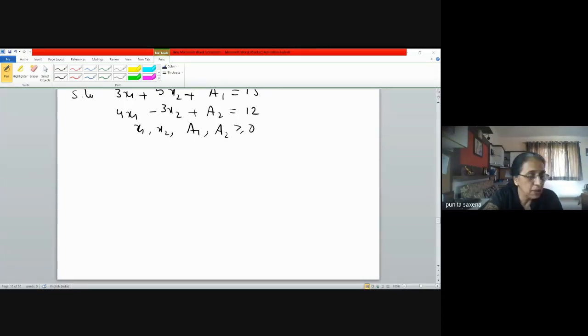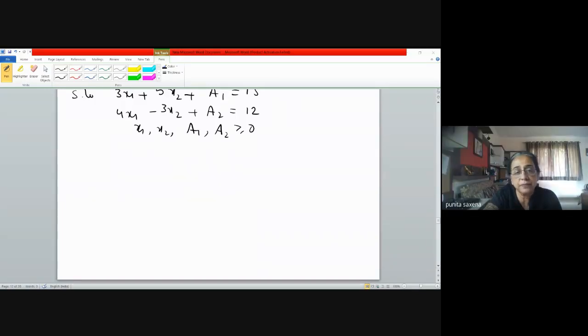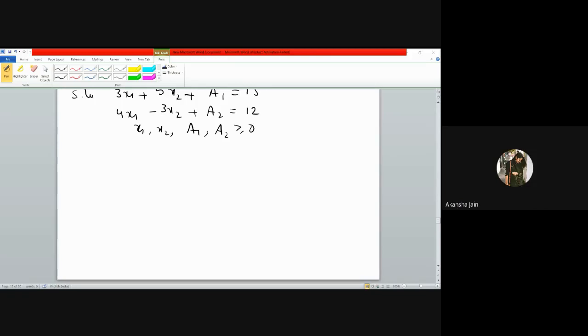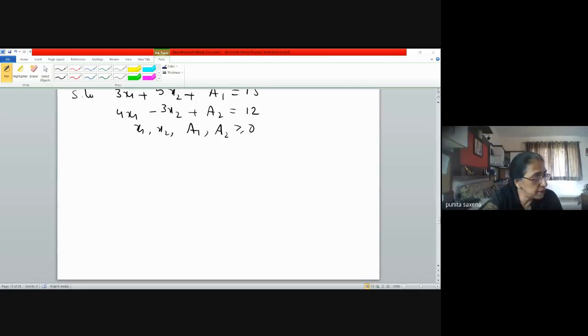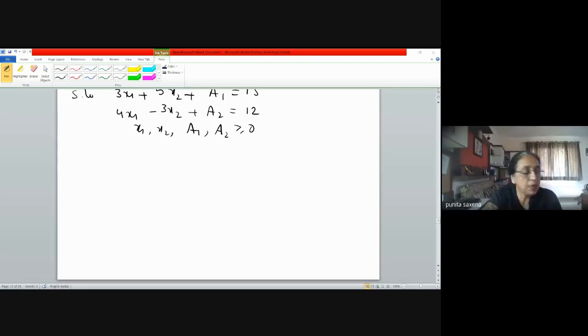So in the meantime, we have the new table with us, right? Yes. So now our basic variables are A1 and X1, with the coefficients -1, 0. Now maybe one of you can speak up the entries row wise so that the others can tally.